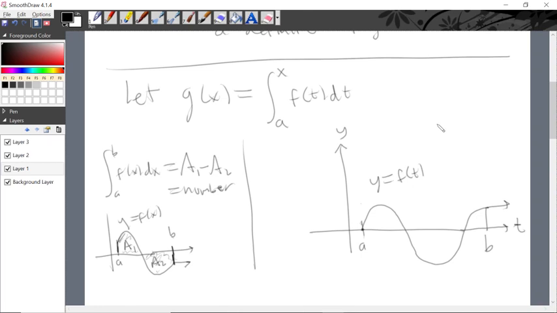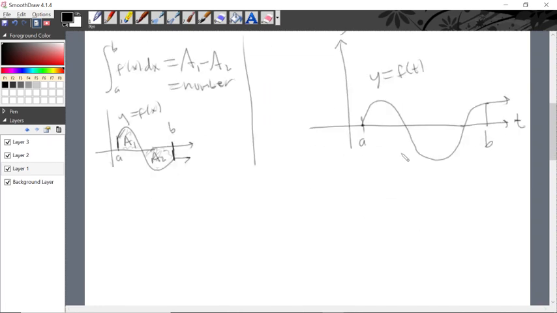So if we wanted to talk about the integral from a to b, it would be the area A1 minus the area A2 plus this area here, A3, if we had the constant bounds a and b.